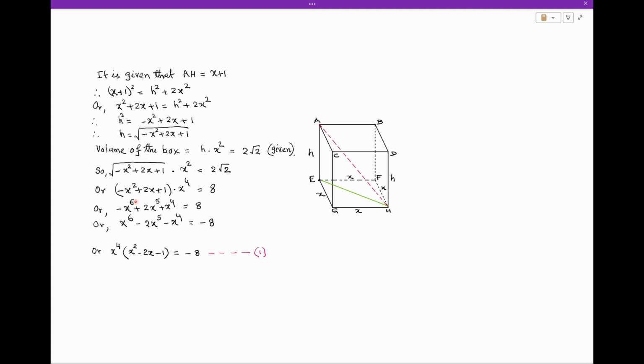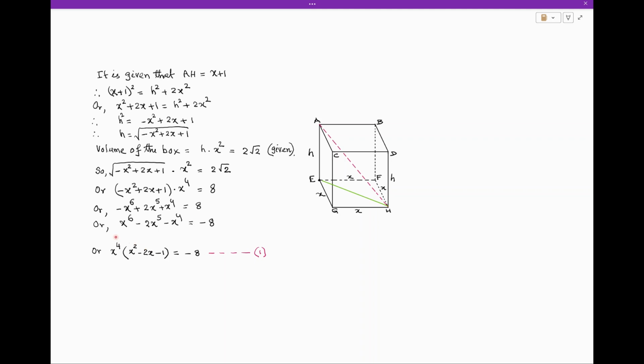Squaring both sides, we get minus x square plus 2x plus 1 multiplied by x square is equal to 8, or minus x to the power of 4 plus 2x to the power of 5 plus x to the power of 4... is equal to 8.